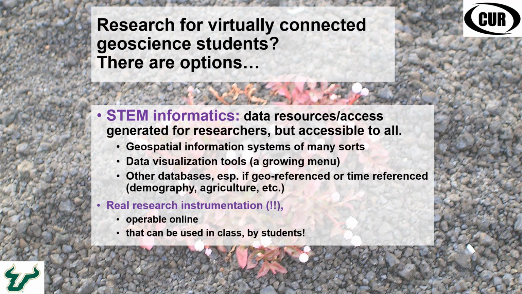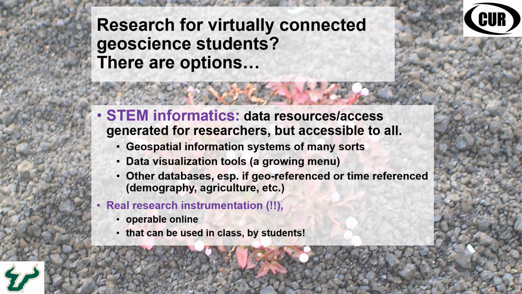There is what I sort of lump generally as STEM informatics. There have been growing bodies of data resources in all aspects of study of the Earth and even other planets. These were generated primarily for the benefit of researchers, but they're accessible to all. They are publicly available resources.